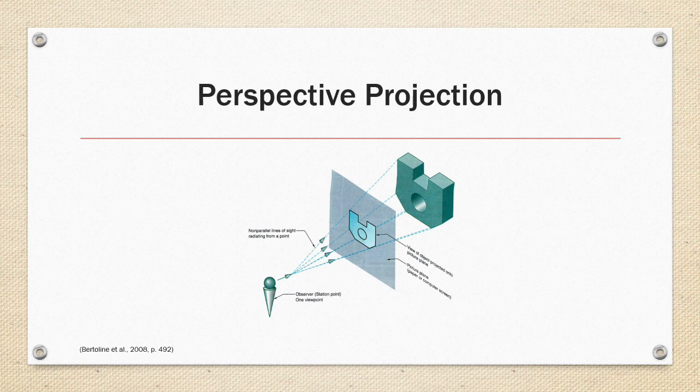Perspective projection represents how the human eye perceives objects and their visual scale decreasing in size with distance. Perspective projection is an important projection technique for technical illustration to give the viewer a realistic pictorial image of how an object will look.